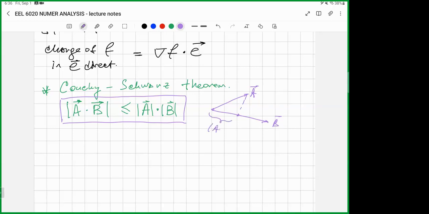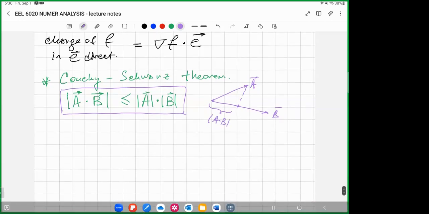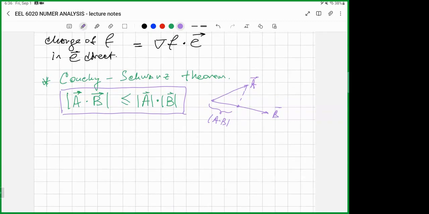So this is the modulus A times modulus B, and of course this projection is less than or equal to the product of the modulus of vector A times the modulus of vector B, because the projection is always shorter than the vector itself. And the equality holds only when A and B are collinear, when they point in the same direction.